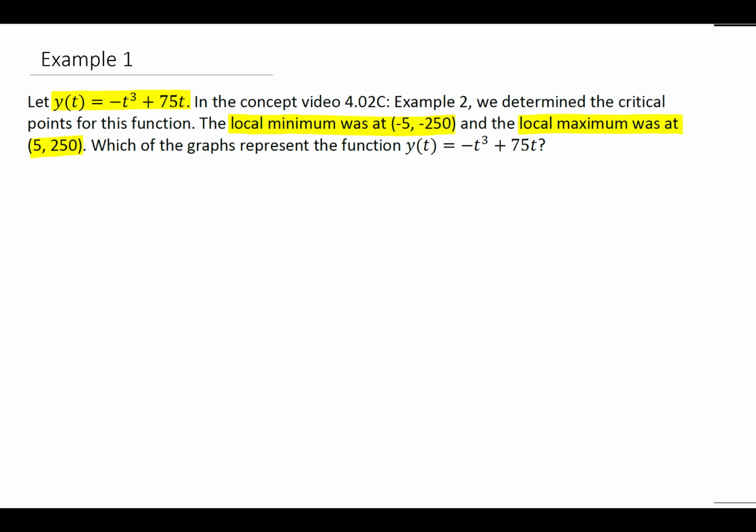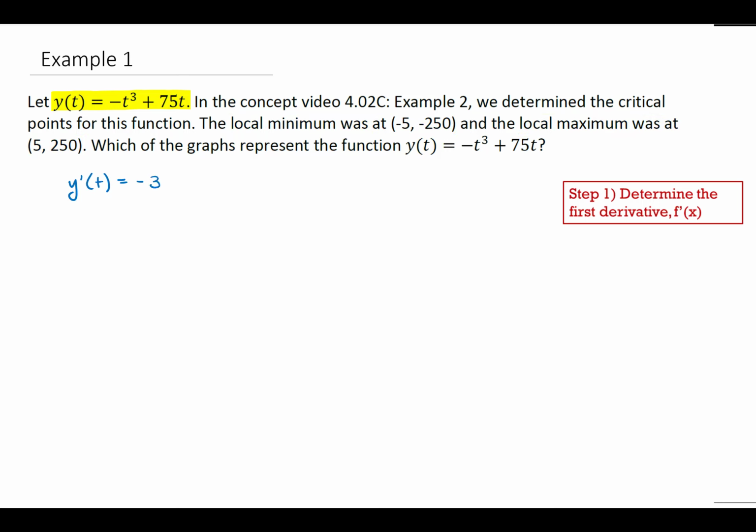I'm going to determine these critical points that we have right here, this -5, -250, and 5, 250, just as a review, but you can skip ahead if you already remember how to get those critical points. So for that review, to determine our critical points, I would take my first derivative of the function, -3t squared plus 75.